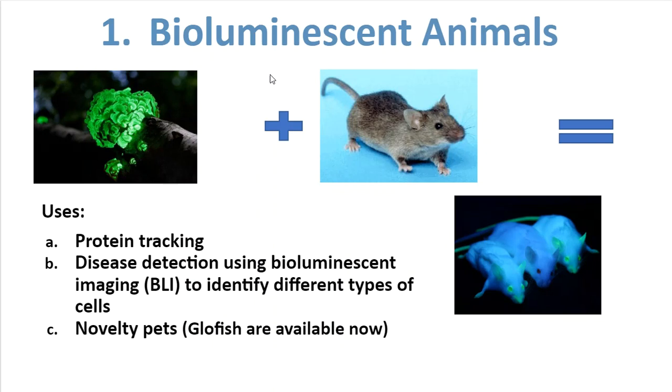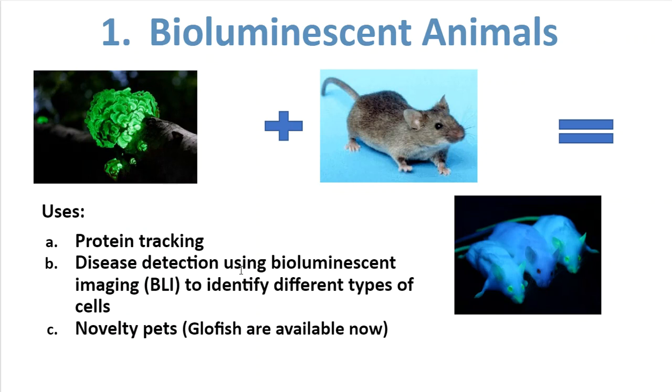Bioluminescent animals. This is like what I showed you earlier with the mice. We took the bioluminescence and inserted that gene into mice, and they now can glow. So why would we do this? Protein tracking, so we can follow something because we can see it if we're trying to track a protein through the body.